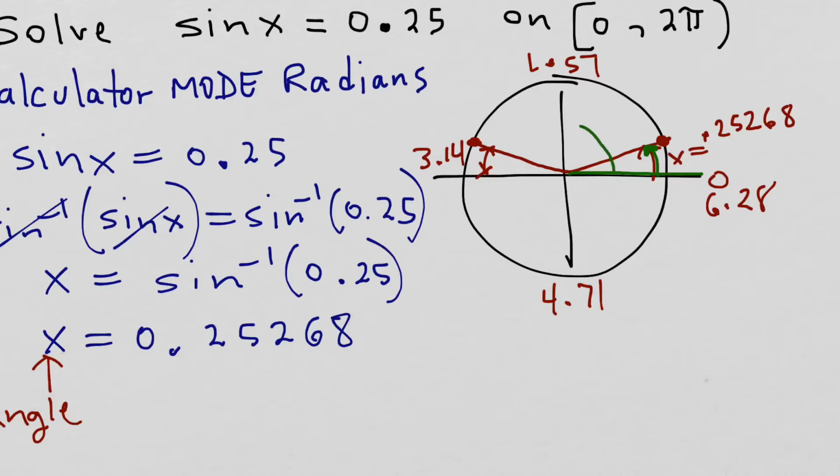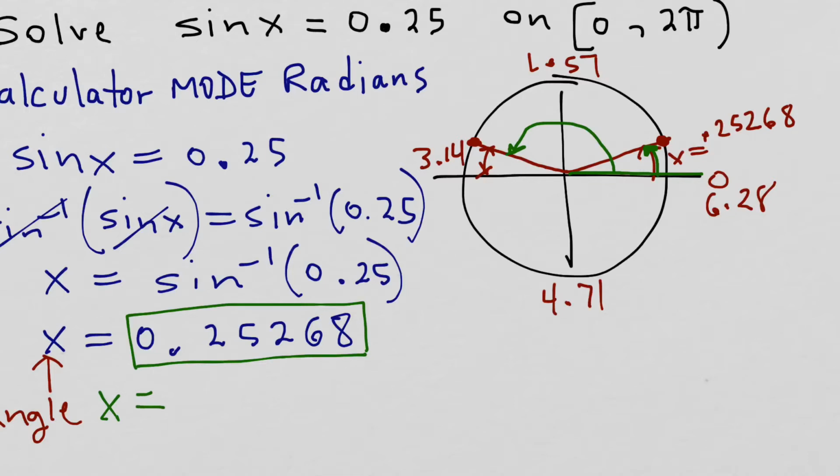Now we got to name this angle here, starting on the initial side and going all the way over to there. So one of our angles is 0.25268.